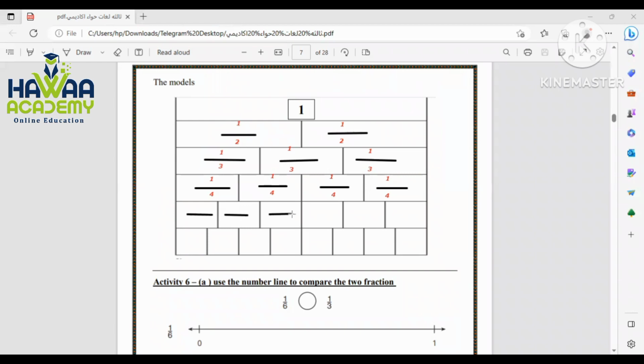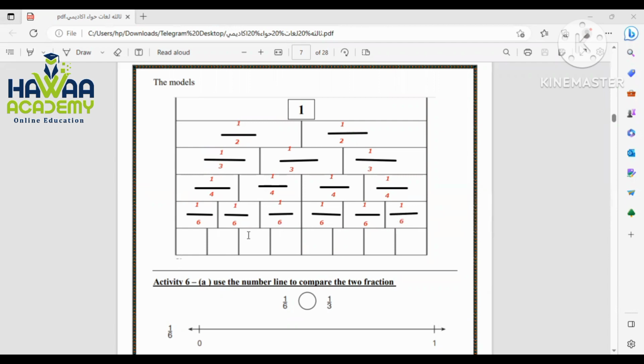So we have 6 sixths in one whole. 1 over 6, 1 over 6, 1 over 6, 1 over 6, 1 over 6, and here 1 over 6.